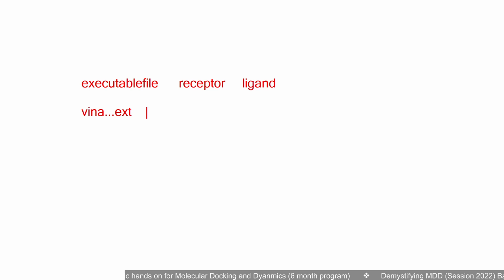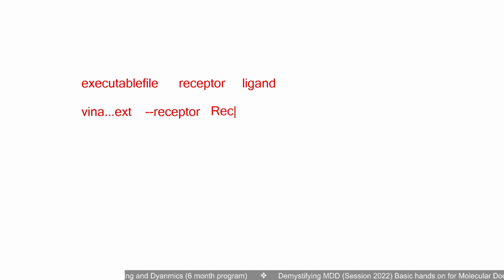To tell that, we need to use spaces and provide it some parameters. So the first parameter will be receptor. I am using two dashes and typing receptor, and my ligand and protein files are already at the same place, which I have shared with you on Telegram.